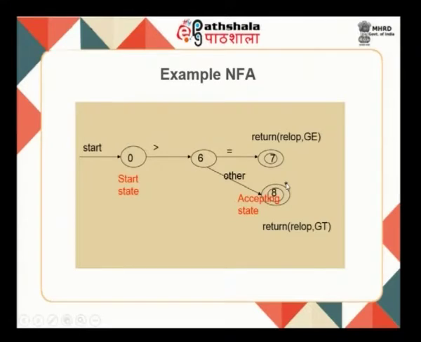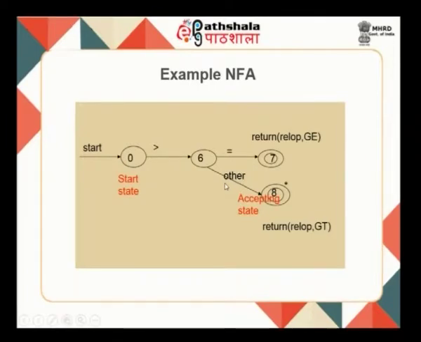Now, this is an example of a non-deterministic finite automata, where a string belongs to the automata if there is a sequence of edges from the start state to the final state, and if you list down the edges, that is the string of this automata.